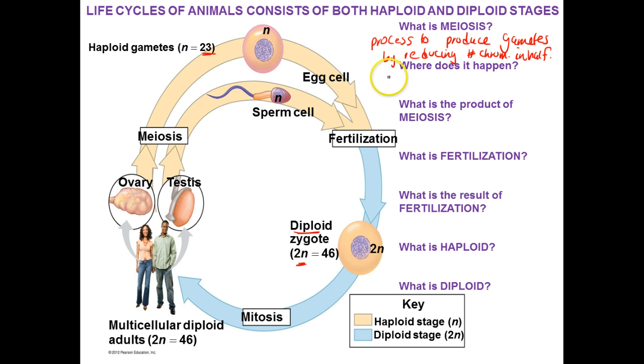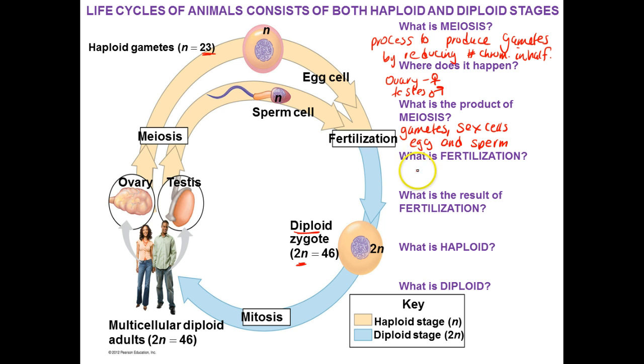It happens in the sex organs, ovary for the females and testes in the males. Okay, and what is the product? And the product is the gametes, or we can also use the word sex cells, or in particular egg and sperm.